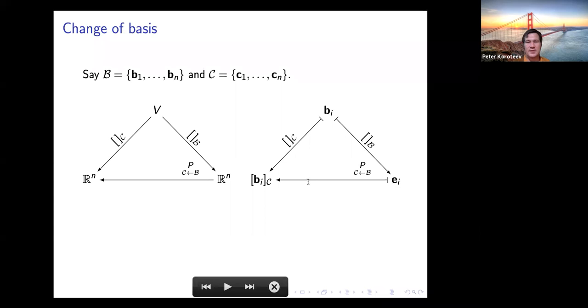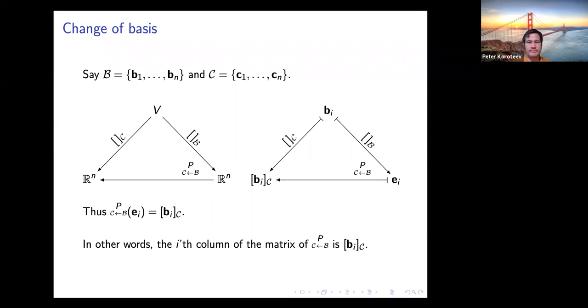And then the other arrow sends the vector Bi into its image in basis C. So we want to figure out what this reparameterization, the change of basis operation, does with Ei. So we know what it does, right? From this diagram, it takes Ei and sends it to the image of vector Bi under the second map.